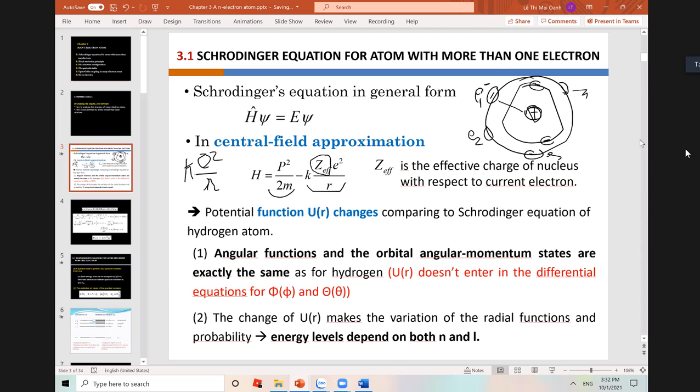Because besides the potential with the nucleus, the electron will have many electric potentials with other electrons. So the sum of these potentials gives you an effective Z here. And the potential function U changes compared to the Schrödinger equation of the hydrogen atom.